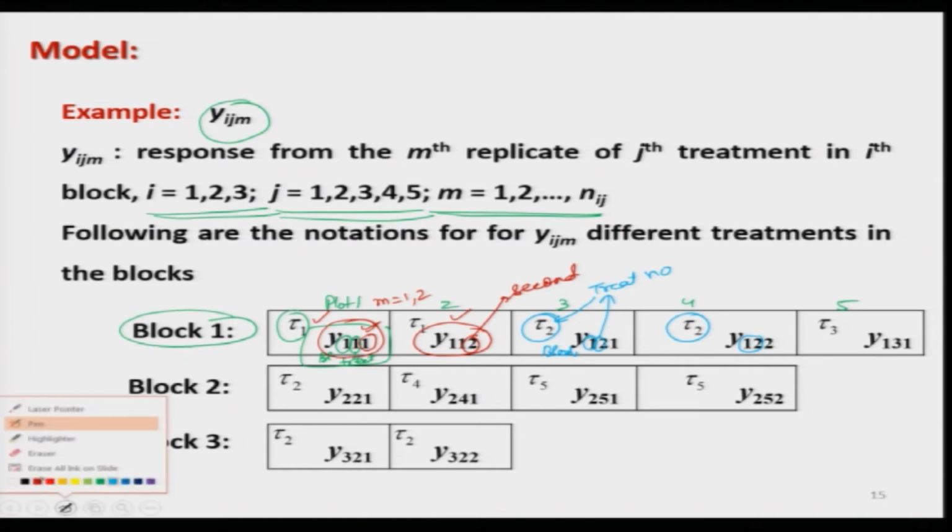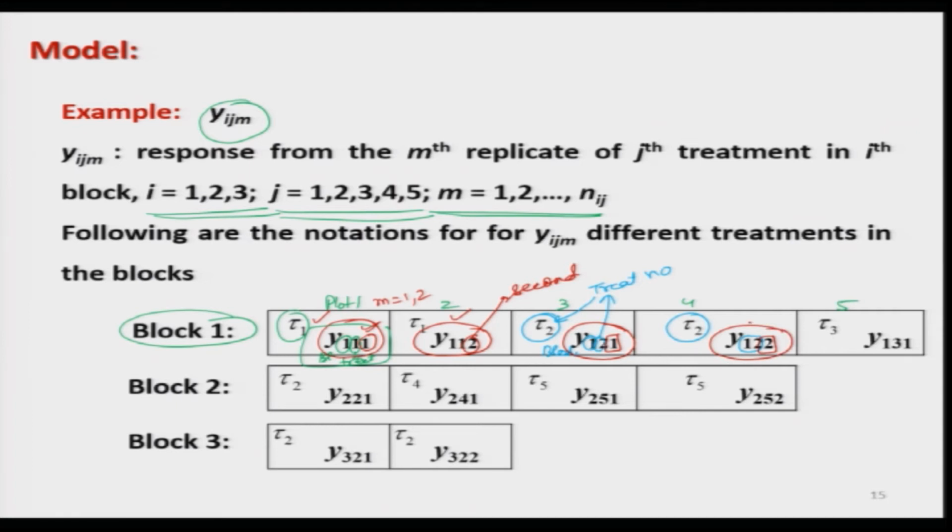These plots number 3 and 4 indicate the first and second observation when treatment 2 is given in block number 1. So, this is indicated by Y121 and this is indicated by Y122.